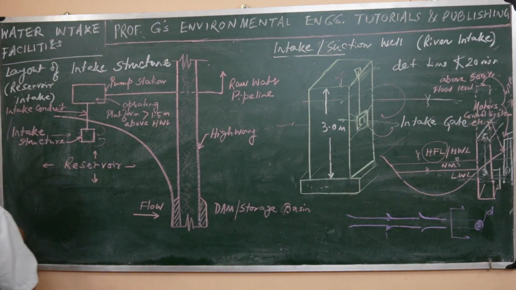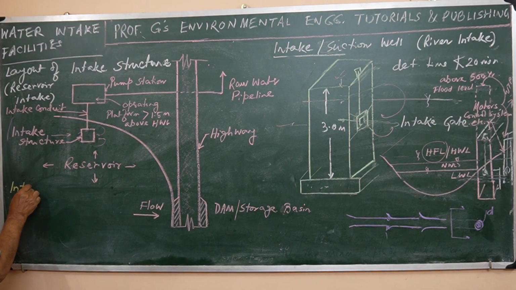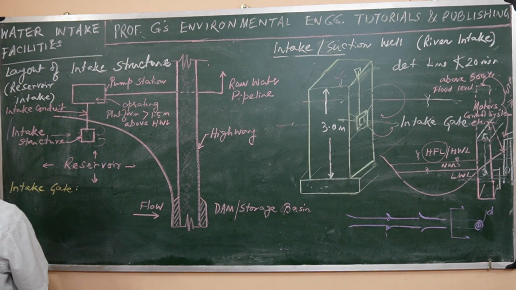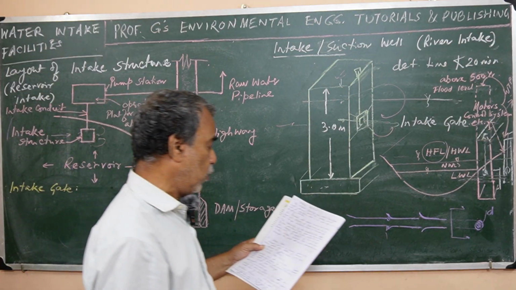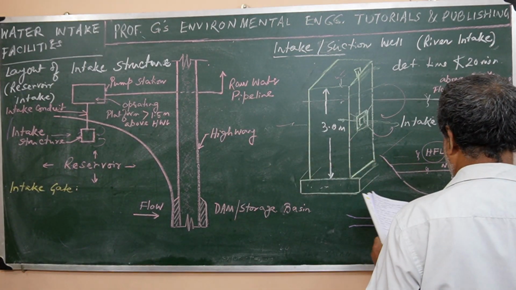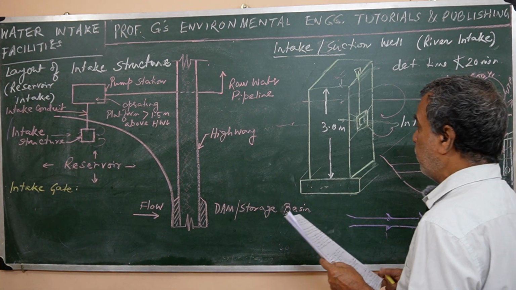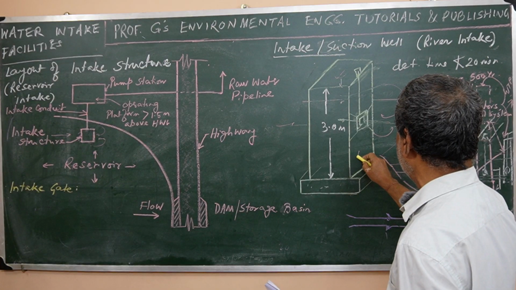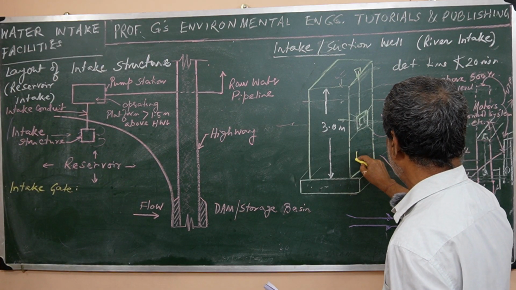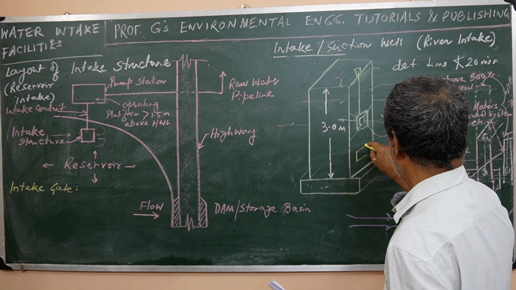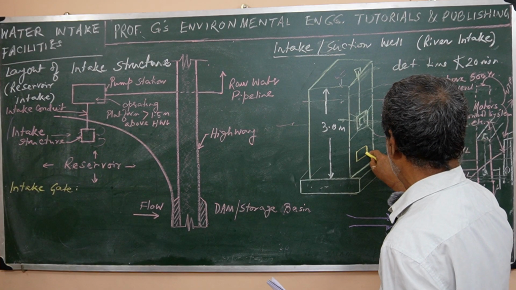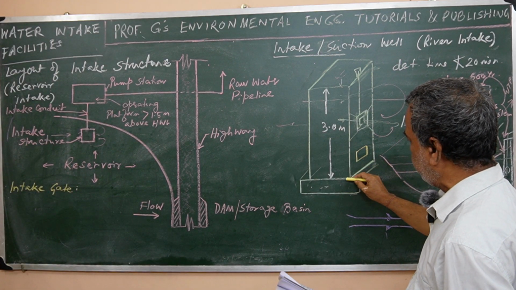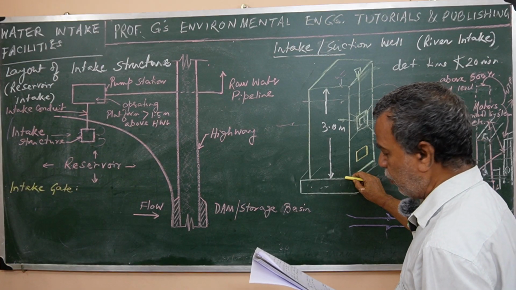Now, regarding the intake gate, I am writing here: the lowest part of the intake port or gate should be located 0.3 to 0.6 meter above the bottom of the channel. That means the lowest port is here, with others at different tiers.